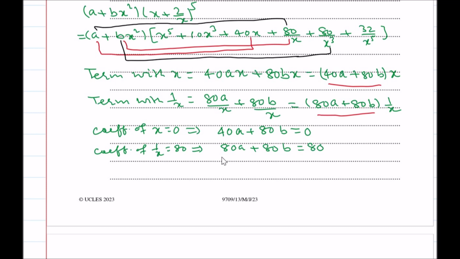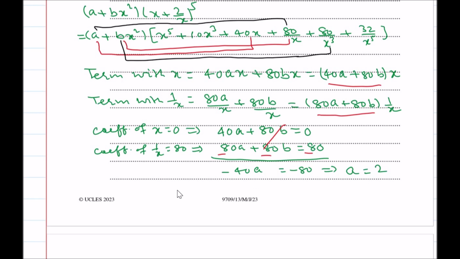Now we have to solve these simultaneous equations. So what we can do? We can do subtraction. Minus, minus, minus. So this cancelled out. What is left? 40 minus 80, so minus 40a is equal to minus 80. This implies that a equal to 2. Now you can put the value of a in any of the equations and find the value of b.